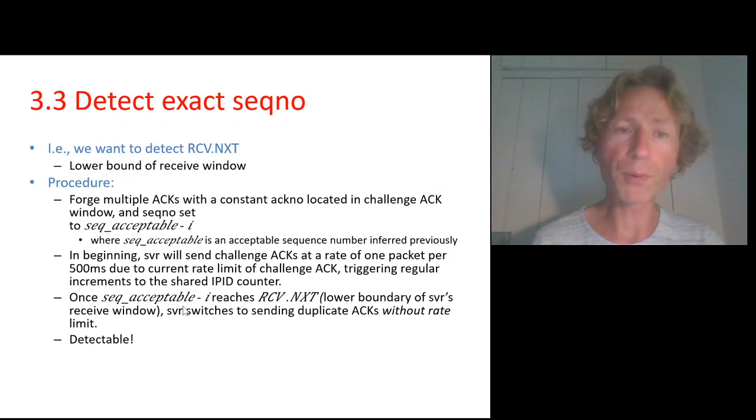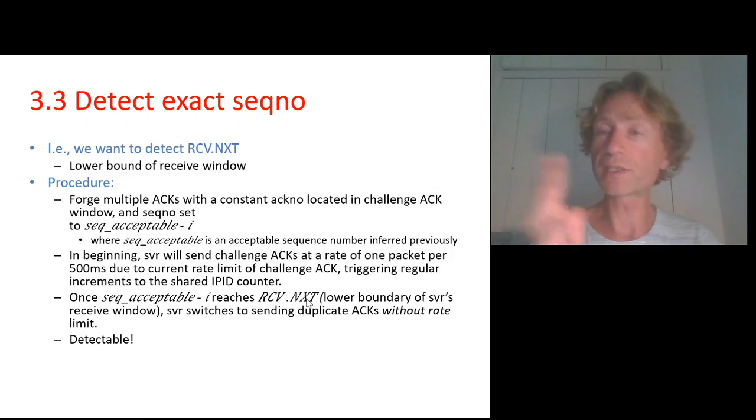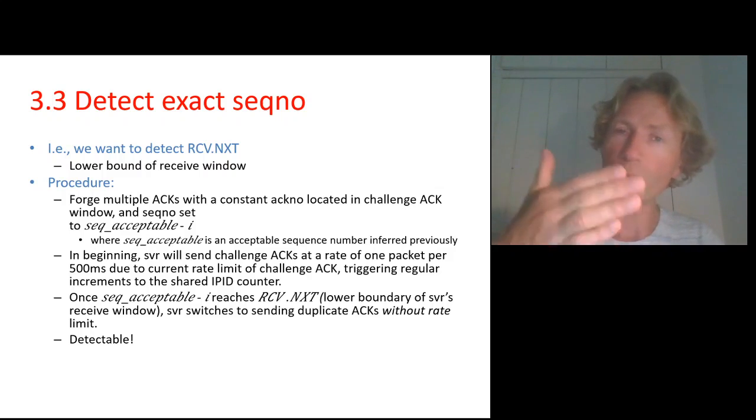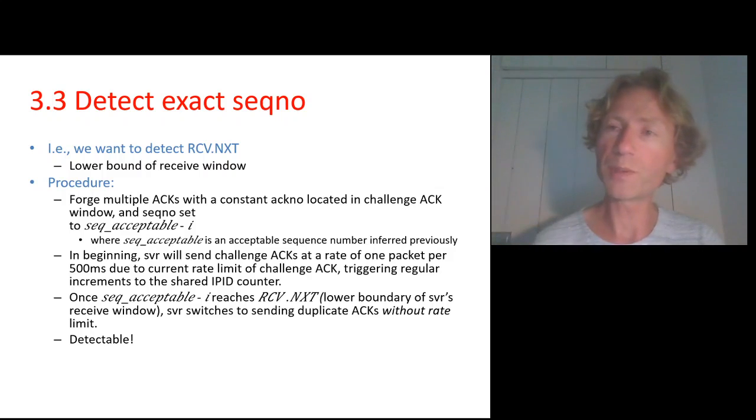Okay. But at some point, the acceptable sequence number minus I will reach this lower bound of the server receive window. And once we have that, we actually see that the server starts sending duplicate ACKs without rate limit, and that will also increase this IPID counter, and that should be detectable. So now we know the exact sequence number. We know the boundary of the receive window on the server side.